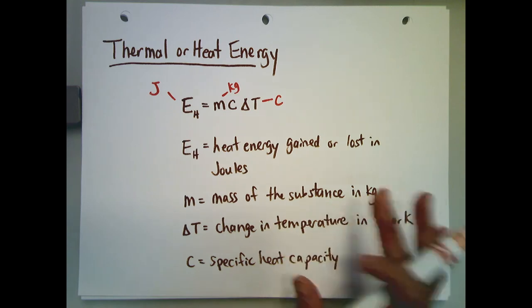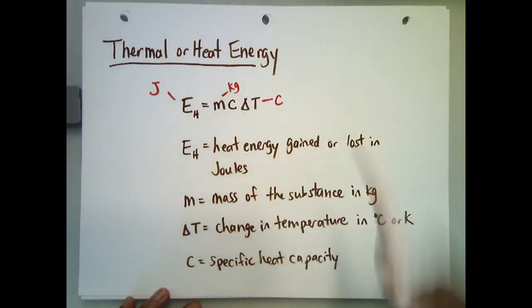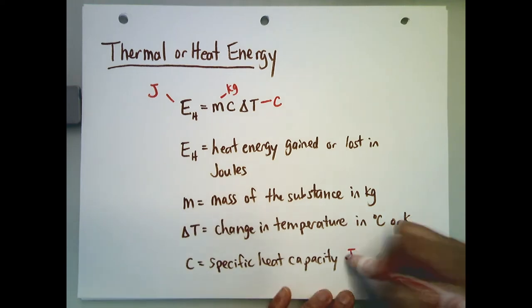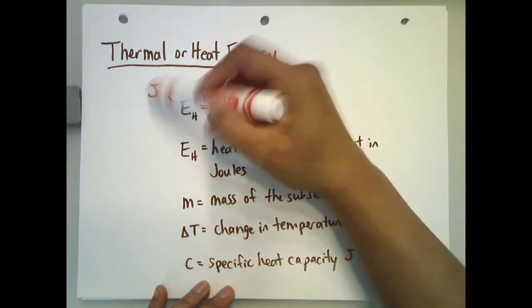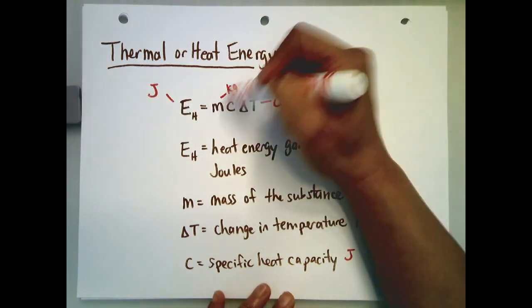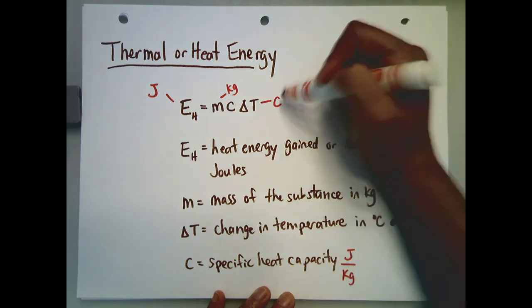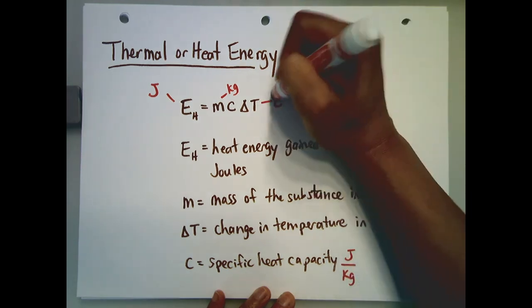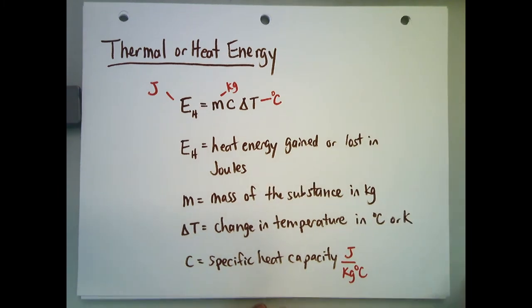Okay, so now looking at this unit over here, it needs to have joules, because if you multiply it through, you need joules for energy, and it needs to cancel out kilograms, and it needs to cancel out degrees Celsius. And that is the heat capacity units.